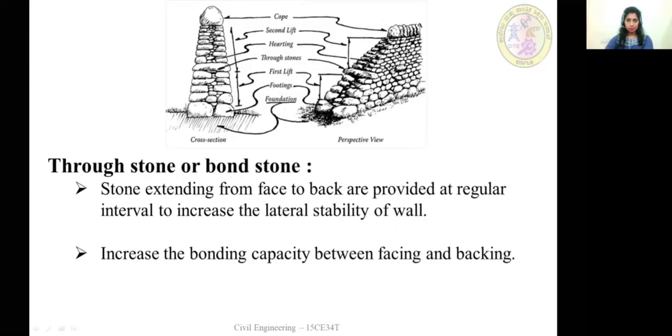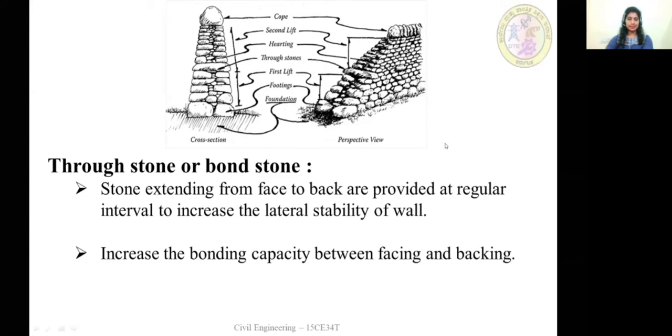You're seeing the exterior face of the wall is known as facing, and the back side of the wall is known as backing. The space between the facing and the backing is known as hearting, which is usually filled with stone chips.